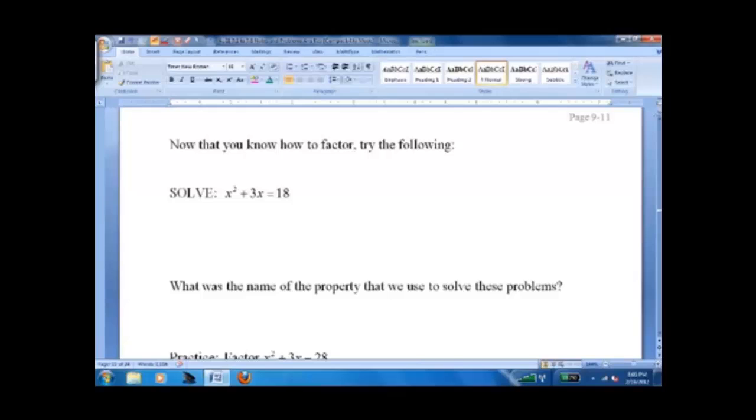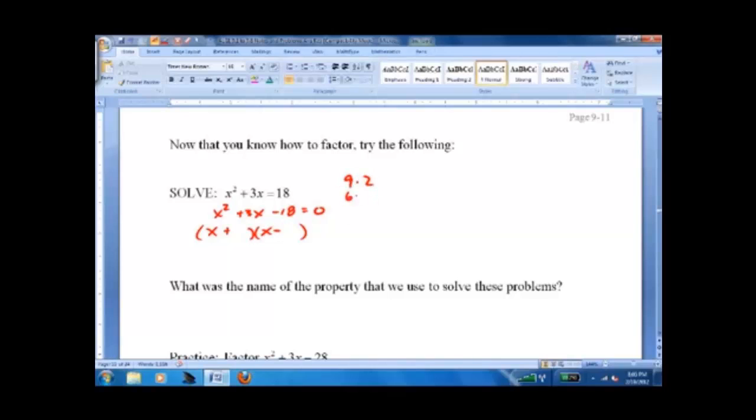So this lesson goes with the previous lesson using the zero product property. Solve this. First, get it equal to 0. Then factor. x plus minus, looks like 9 and 2.